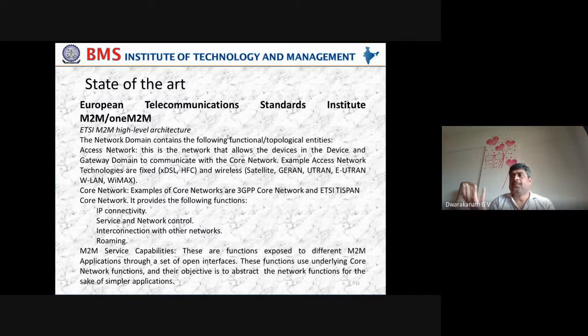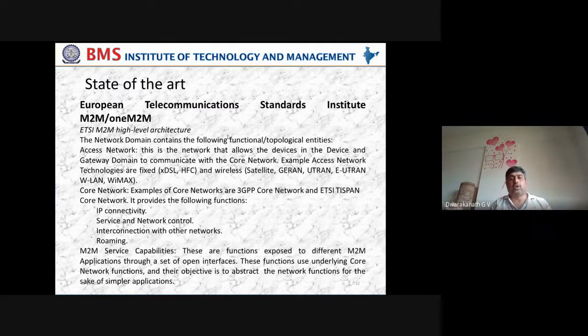Maybe he is connected to the hotspot. Maybe that's the access network, right? The hotspot is a wireless LAN. From there, it will connect to the mobile network, the 3GPP network, and the core network. So it will connect to the public internet through IP connectivity.